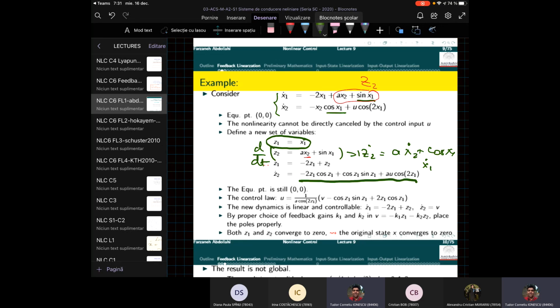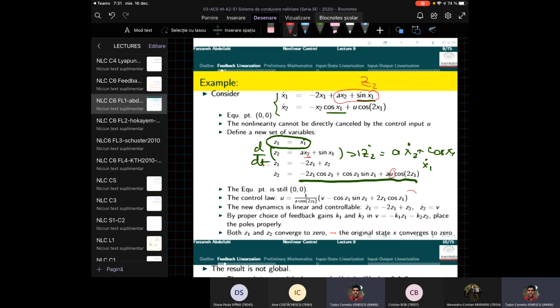The equilibrium point is still 0, 0. And now you can easily compute the control u. U is 1 over a cosine 2z1 times v minus all these nonlinear terms.